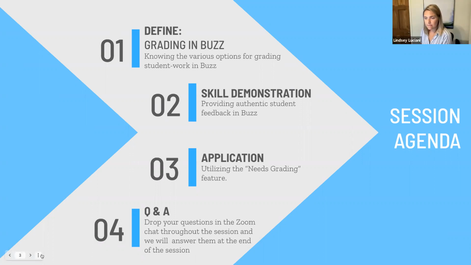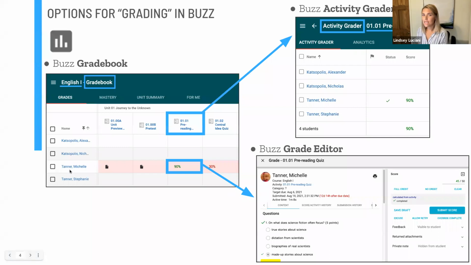All right, let's get started. For today's session, we're mostly going to focus on 3 specific areas of Buzz, but they all have to do with grading. So for this first slide, we're going to dive into each of them for sure. And we're going to go into Buzz and take a look, but I'm trying to minimize my flip-flopping back and forth.